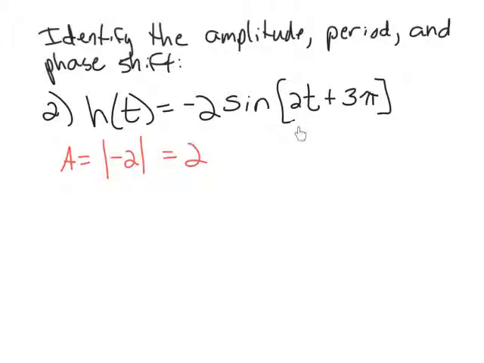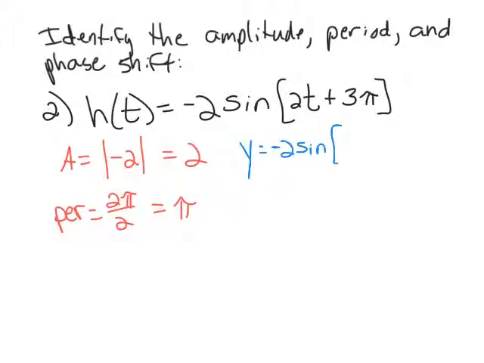I need to get the b value out of this thing. The b value is the coefficient in front of t, so that's 2, which means the period length is going to be 2 pi divided by that coefficient. So my period length is once again pi, but I can't read the phase shift yet because my coefficient is not factored out. So I'm going to take this function and factor out the b value, still keeping it inside the sine function.